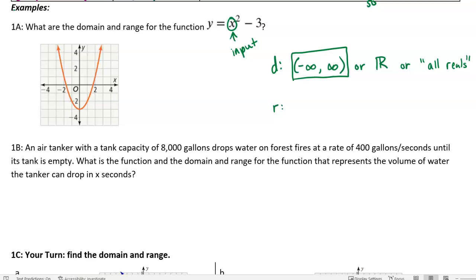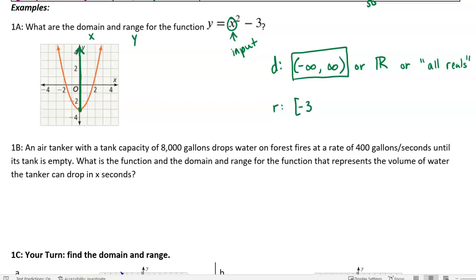And for the range, it's helpful to look at the graph. We're looking at the range, so the outputs, the y values. Remember, the range represents the y, the domain represents the x. If we look at the y values, I like to think of it as if we were to squish that graph onto the y-axis. What would happen? Well, our lowest point would be at -3. And if I were to squish that graph inwards against the y-axis, we would get this line going up, starting at -3 and going up to infinity.